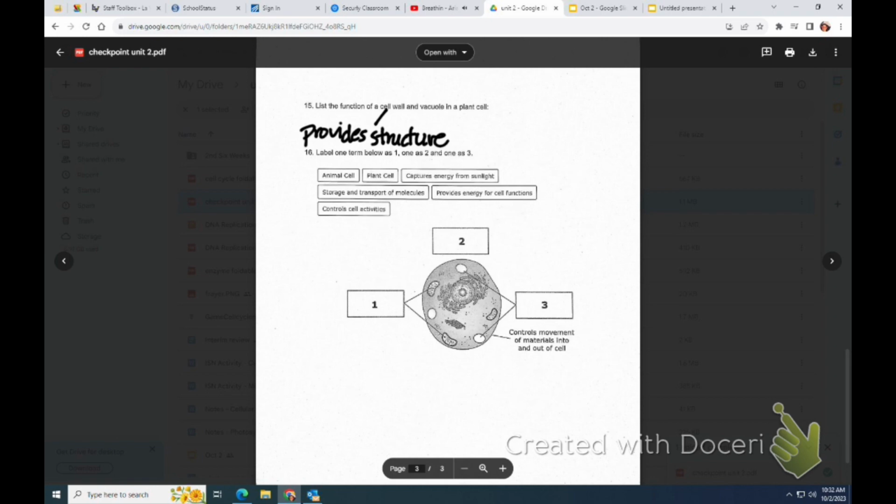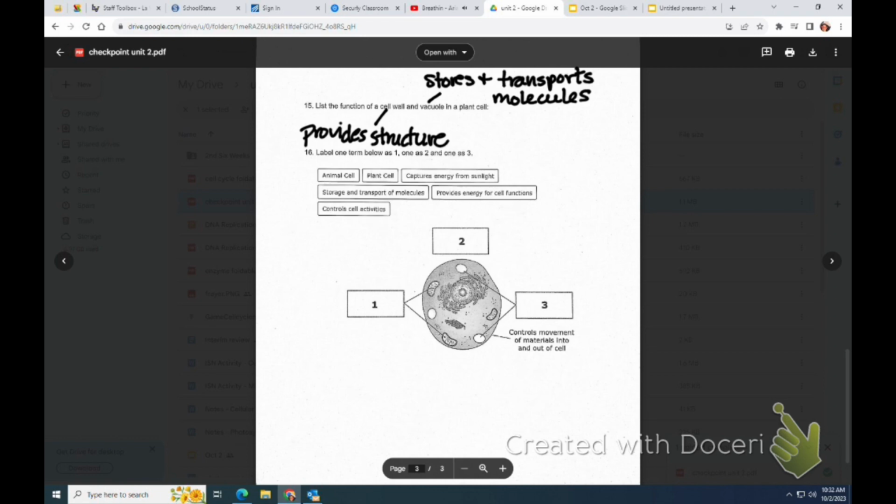Yeah. So vacuole is going to be stores and transports molecules. So cell wall provides structure, vacuole stores and transports molecules.